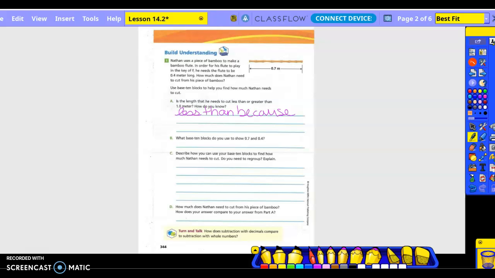Okay, so less than because both of our original numbers are less than 1. And when we subtract, we will get an even smaller number.